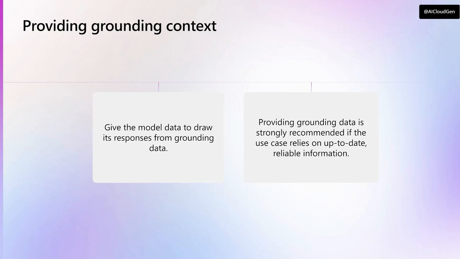When we talk about that, we will be using the technique where you provide the grounding data for the model to respond from your own organization data. We will talk about that technique in detail in tomorrow's session. But just keep in mind that you can provide grounding data from which the answers will be provided by the large language model.